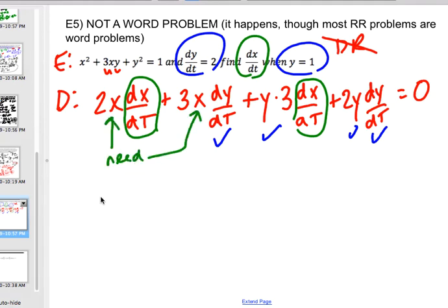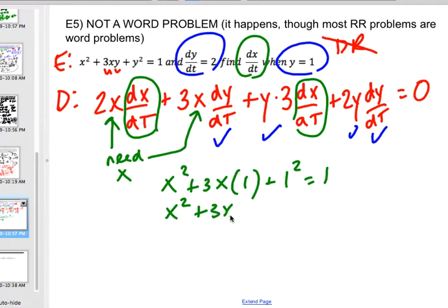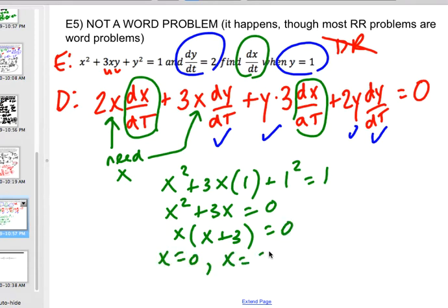Well, the way I'm going to find the x is by saying, oh, I have an equation, x squared plus 3x times the y value plus the y value squared is 1, so x squared plus 3x equals 0. So it turns out that there are two possible x values here. X is either 0 or x is negative 3.